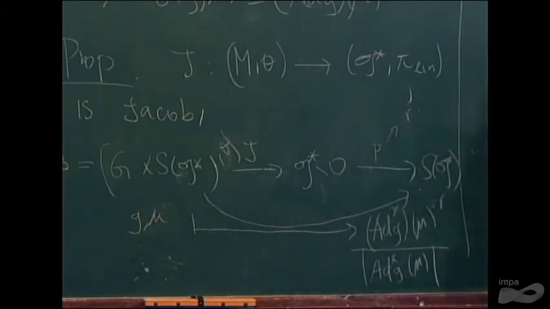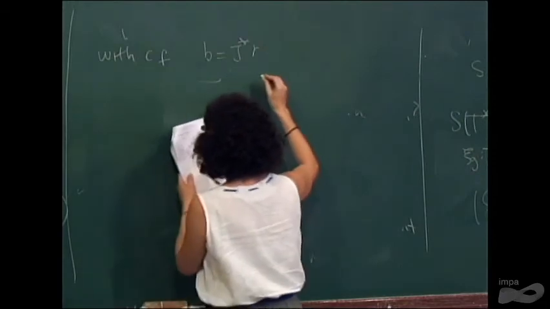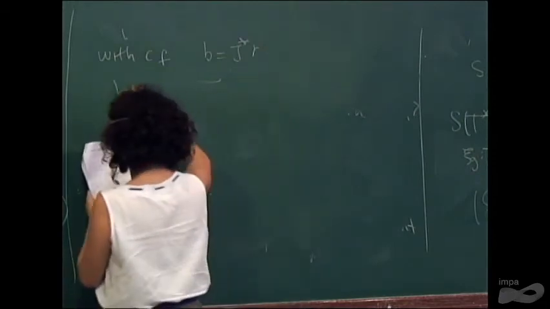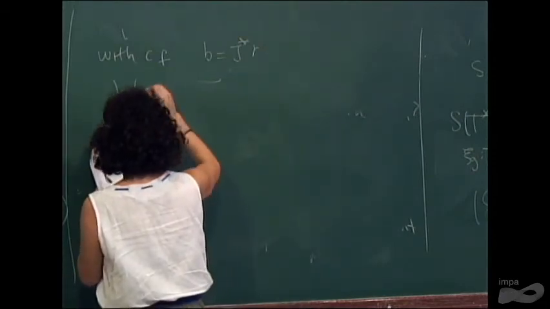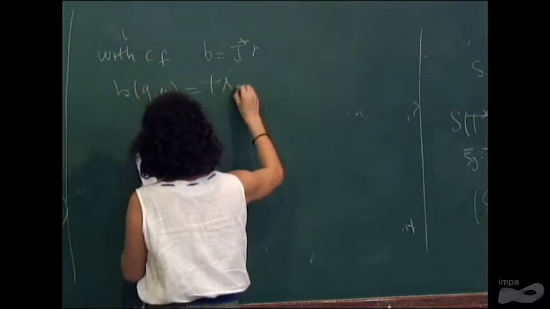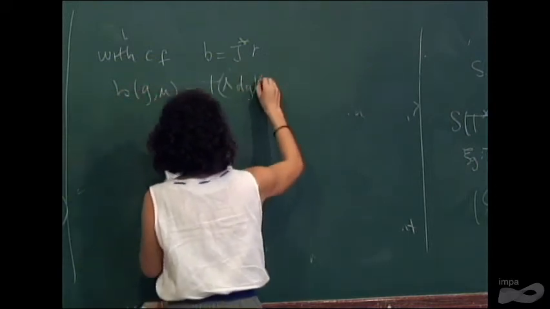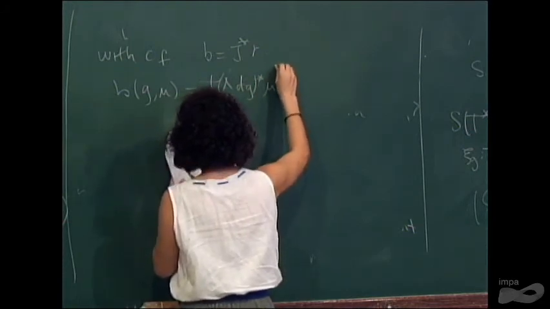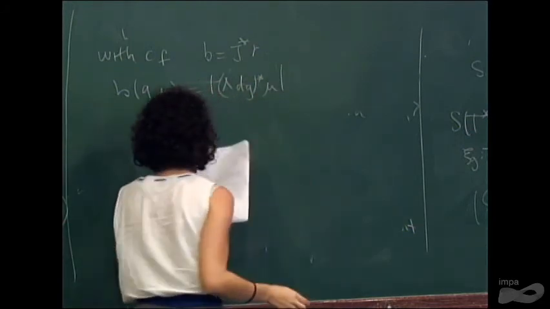So this is just b applied to g of mu. It's equal to the norm of the coadjoint action applied to mu. Okay.